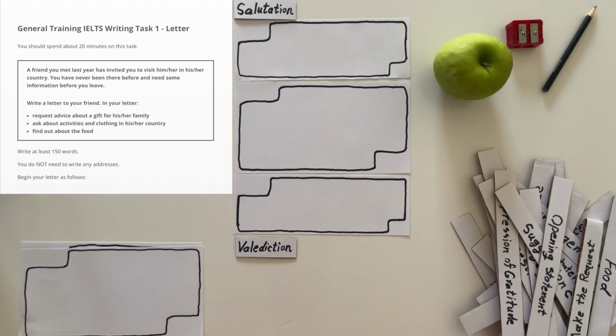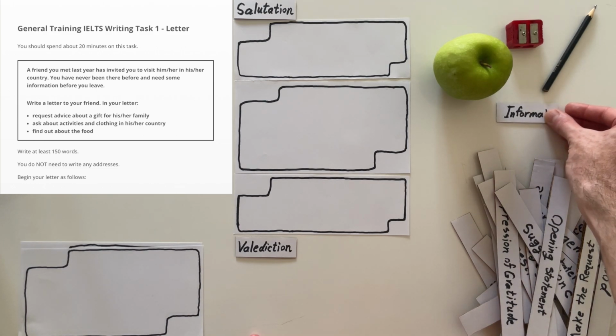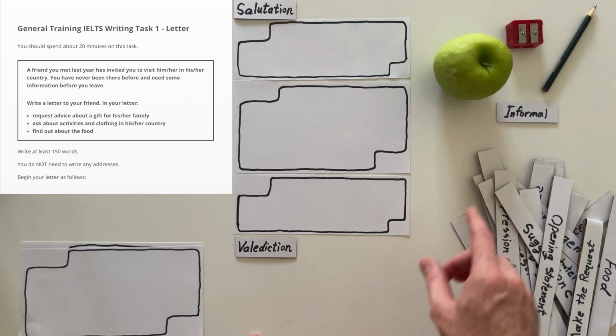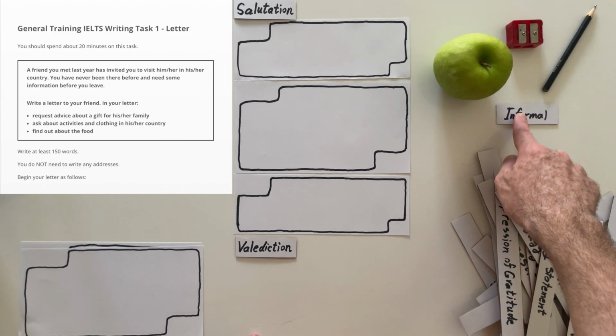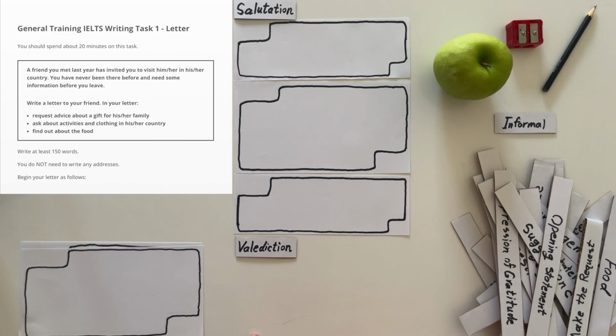Before we begin, we always need to decide whether this is a formal or an informal letter, which is obvious. This is an informal letter. I'm going to put it over here. So every time I know that I'm writing to Joanne, my imaginary Australian friend. Okay.